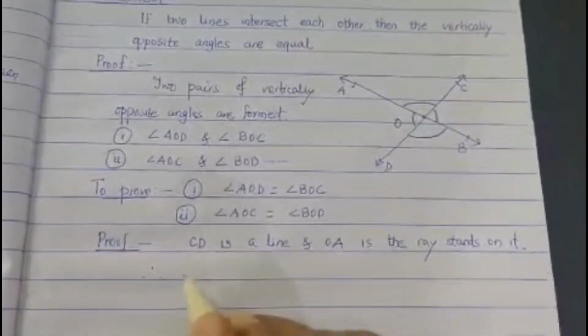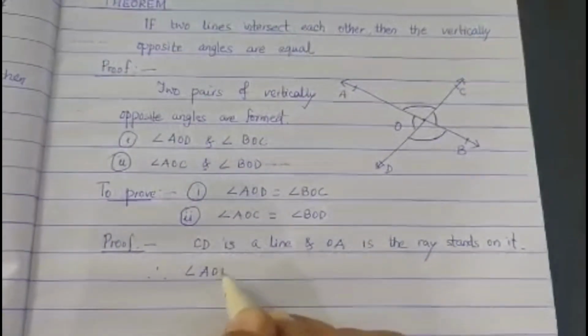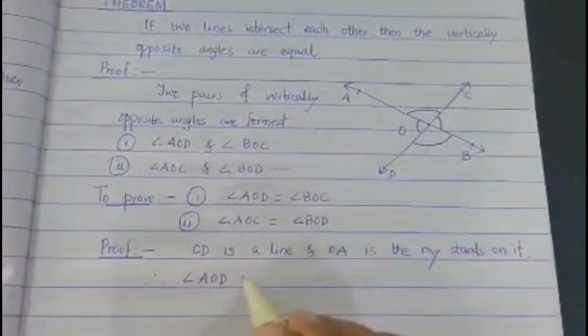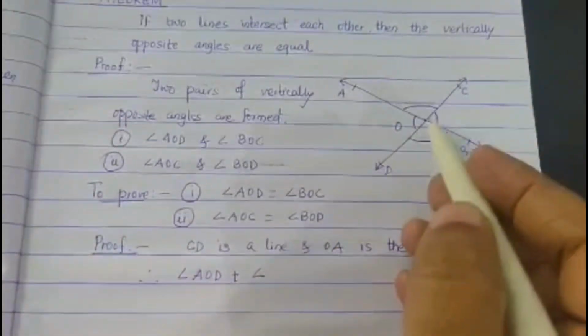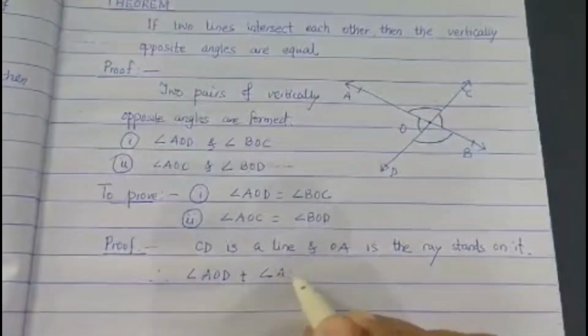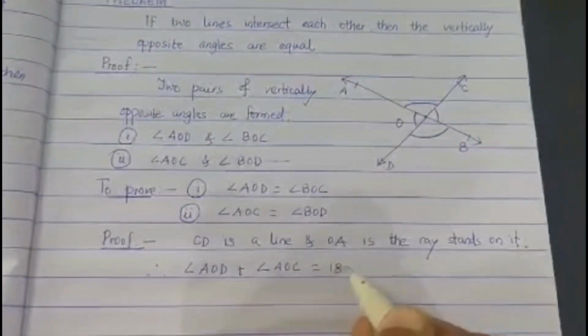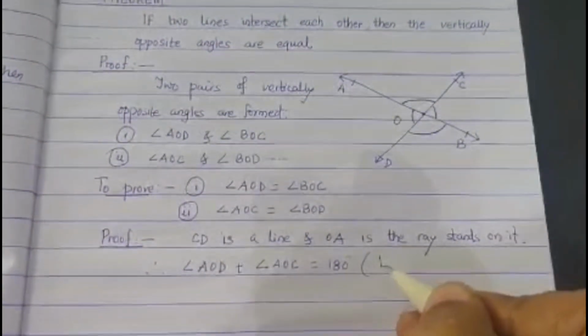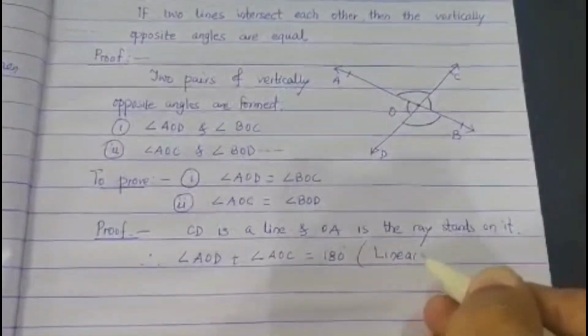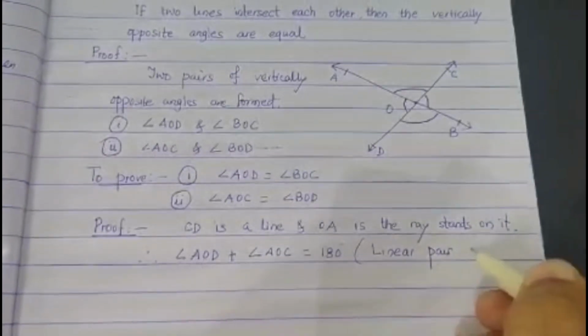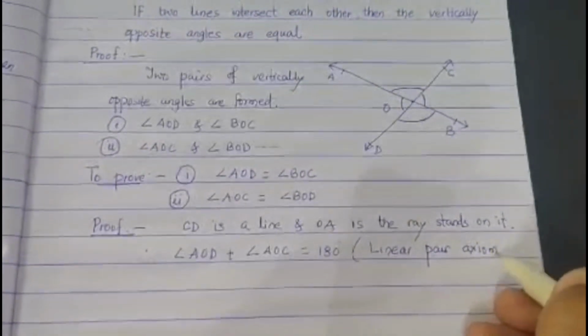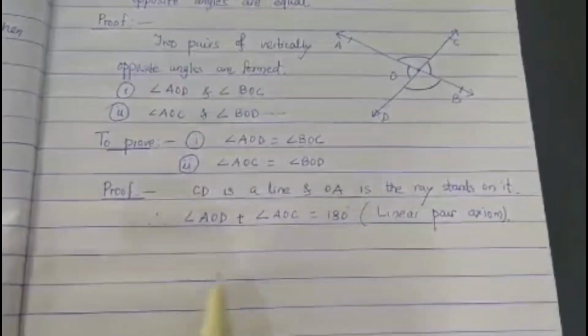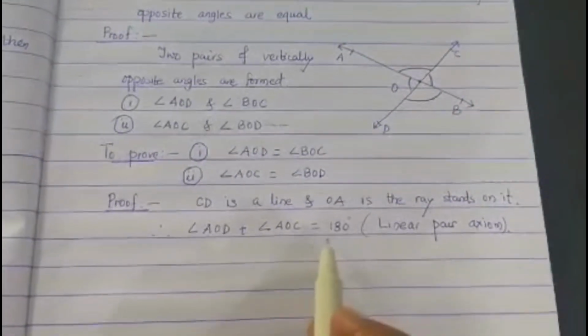So therefore angle AOD plus angle AOC is equal to 180 degrees. This is the linear pair axiom. We have studied it. Alright. So angle AOD plus angle AOC equal to 180 degrees.